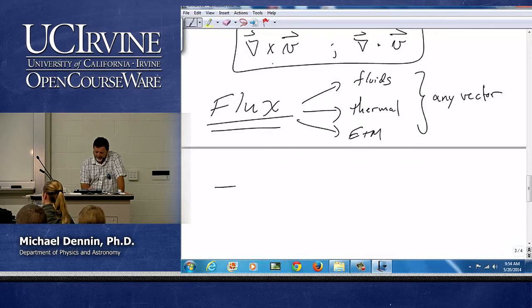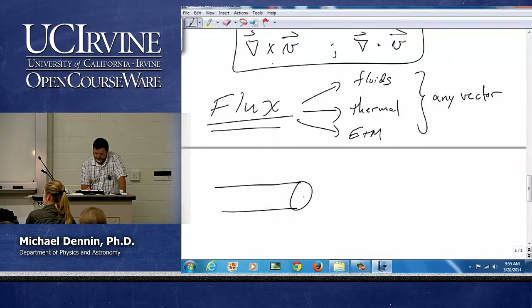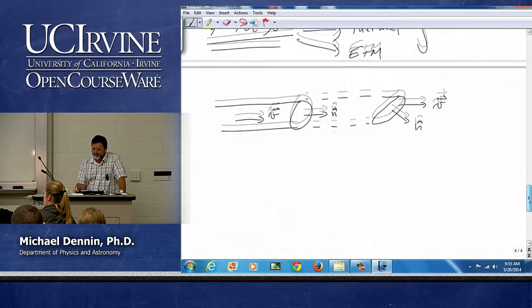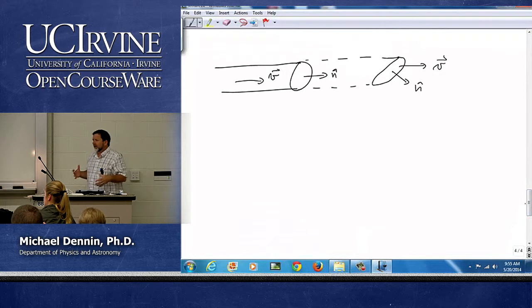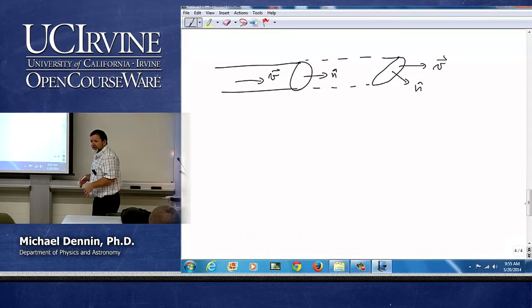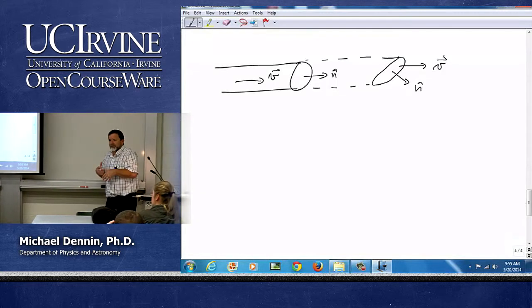The key idea to flux is the perpendicular surface. So if I have here an n hat perpendicular to my area, and we have some vector field v that's flowing out, and if at some point my surface is cut at an angle to the direction of v, the only piece that matters for the flux is, you can either think of it as the component of v perpendicular to the surface, or the part of the surface parallel to v.